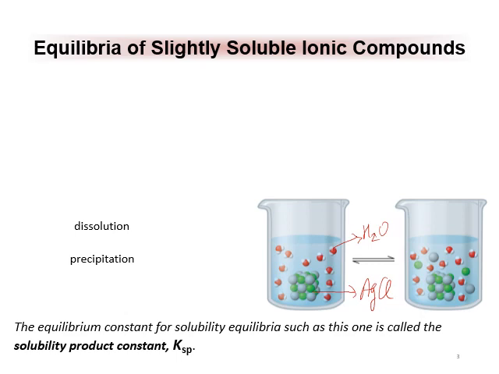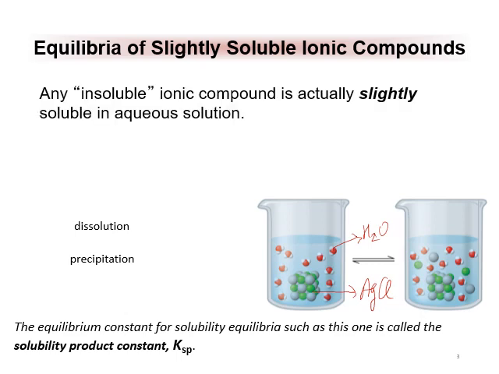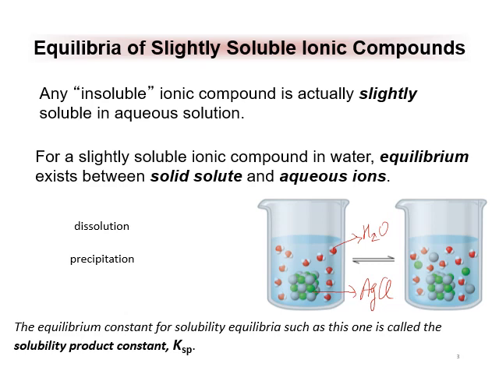And this essentially creates an equilibrium between the amount of salt that is not dissolved and the amount of salt that is dissolved. This equilibrium is what we are going to be focusing on. So whenever we say that an insoluble salt is dissolved in water, we are essentially saying that it is sparingly soluble or very slightly soluble, and there is an equilibrium that exists between the amount of solid and the amount of aqueous ions, right?